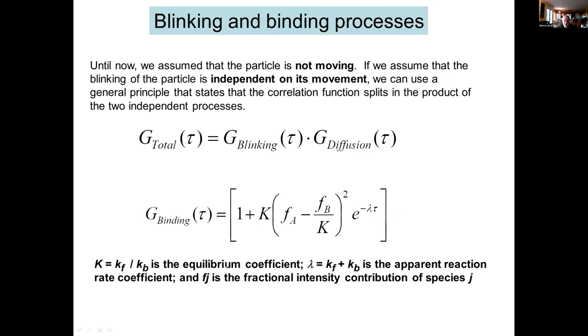Notice that binding depends on the kappa, which is the equilibrium coefficient, free with respect to bound, and then depends on the fraction of free and the fraction of bound. So in this expression, we have 2 factors, one which depends on the ratio, and the other which depends on the sum of the free and bound.